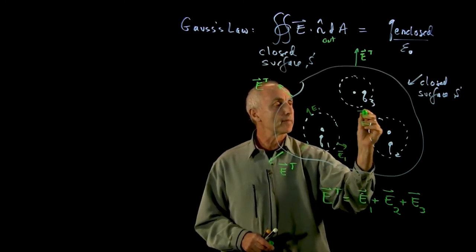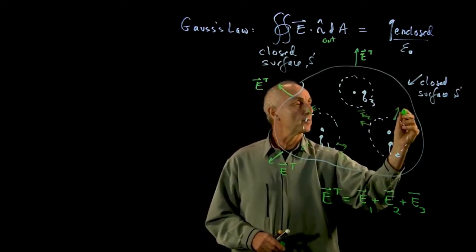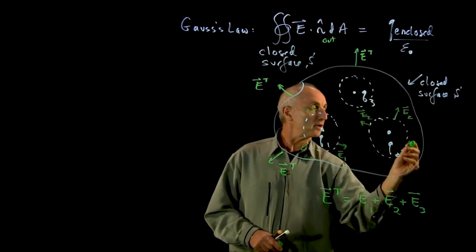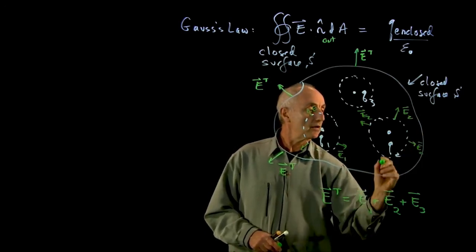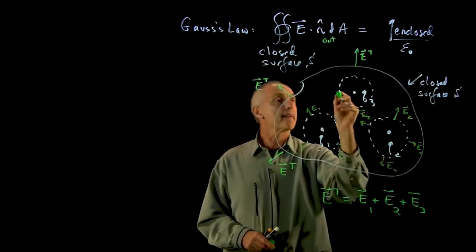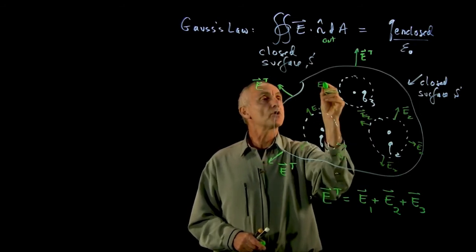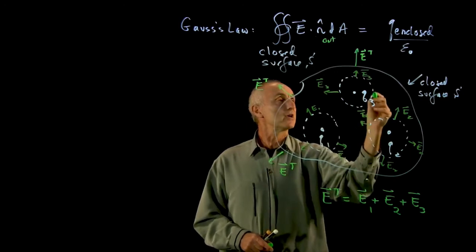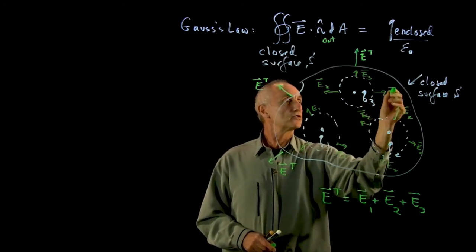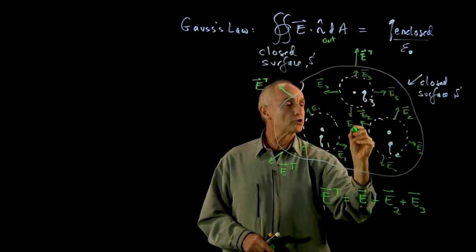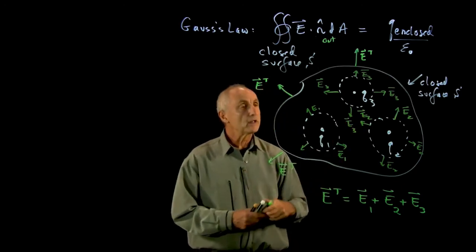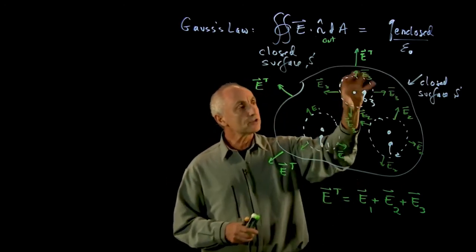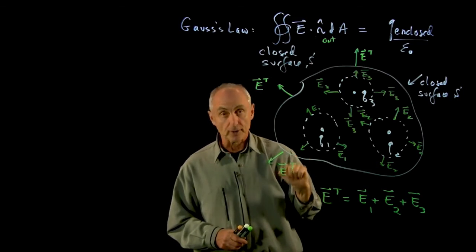My drawings, my spheres don't look like spheres, but it's OK. So through each one of these spherical surfaces surrounding the charge, we know that the flux is just equal to the charge enclosed.